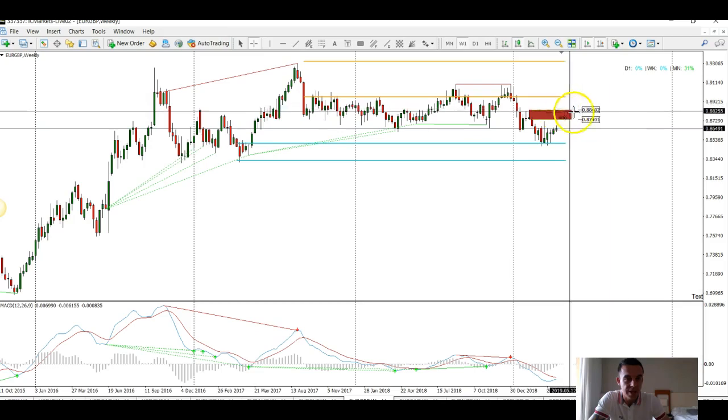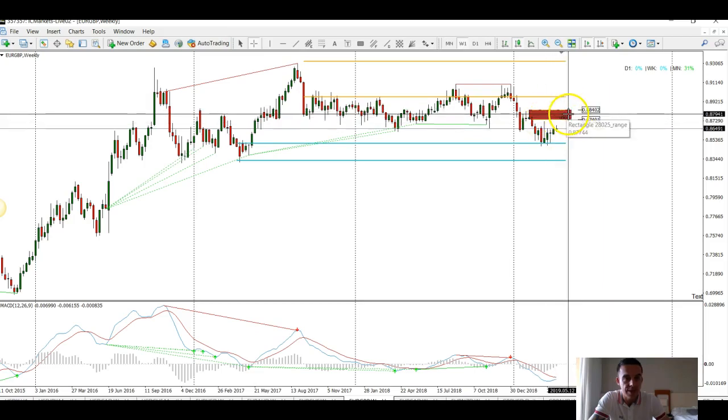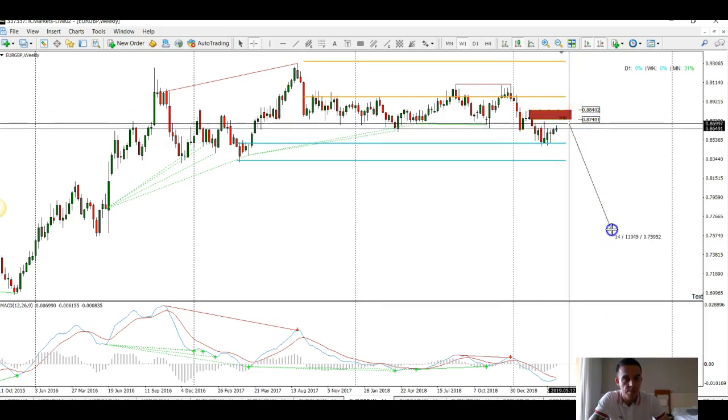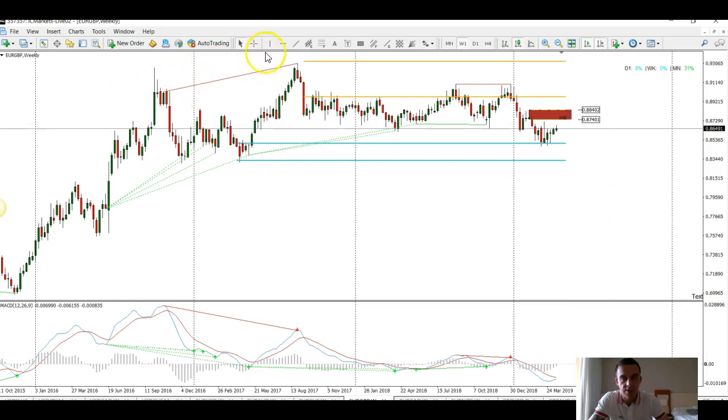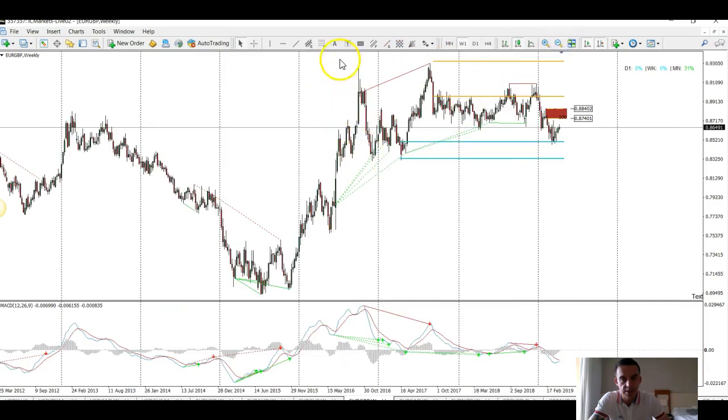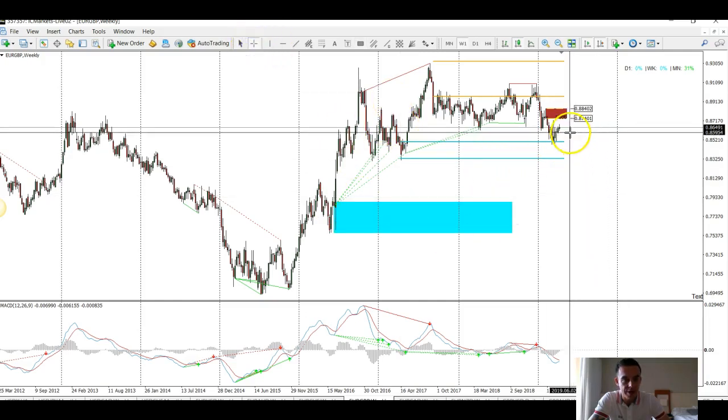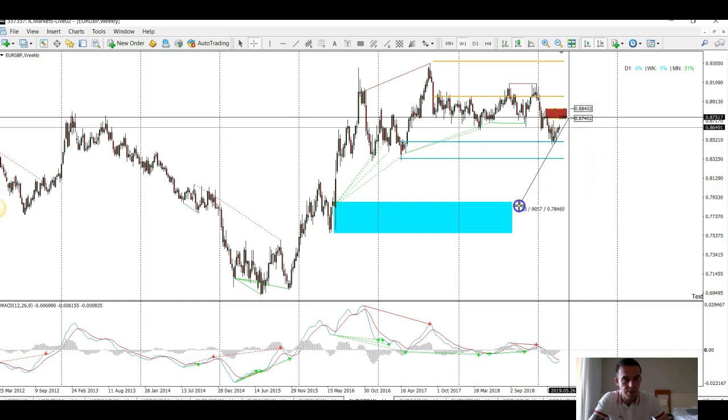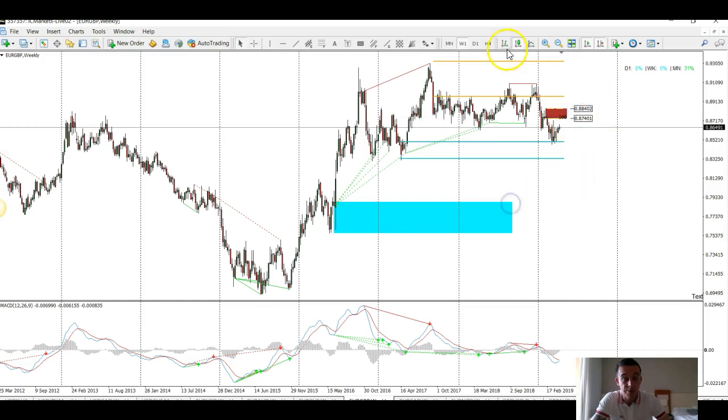87.400, 88.400 area, and look to get selling opportunities there for the market to move back down and take out this support here and start moving down lower and testing these weekly zones down here. So once it's really broken out of this area here, you've got a nice shorting opportunity for nearly 1,000 pips.